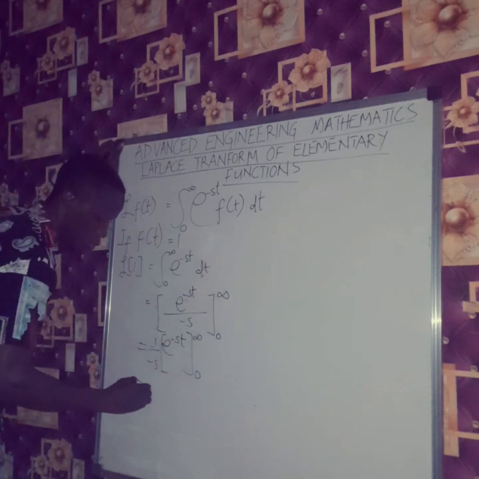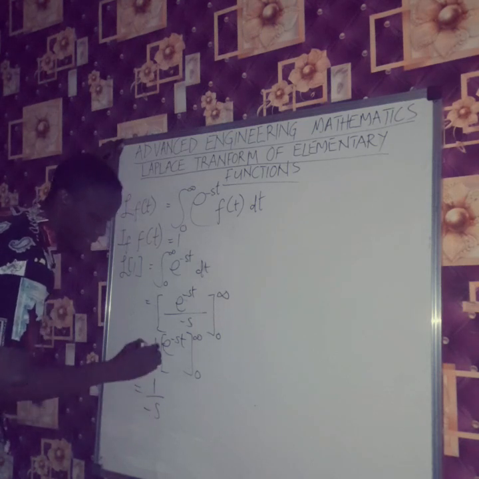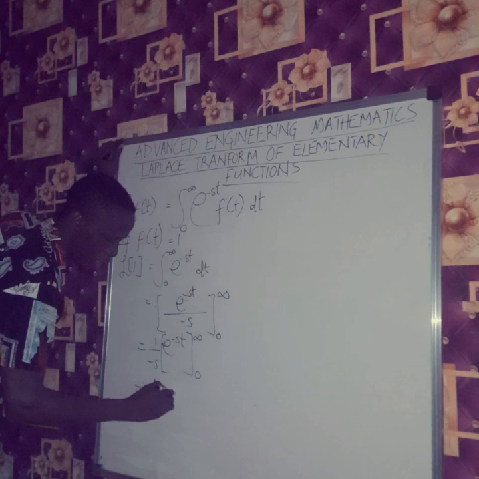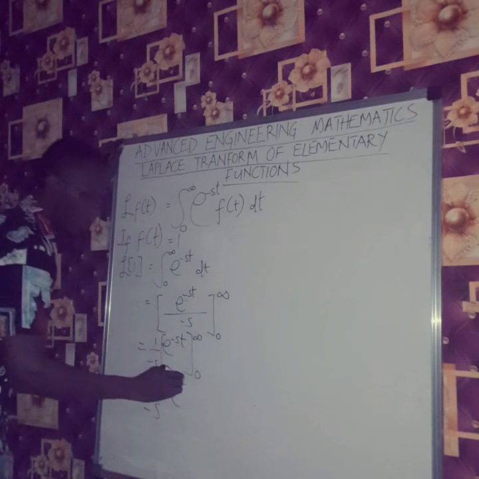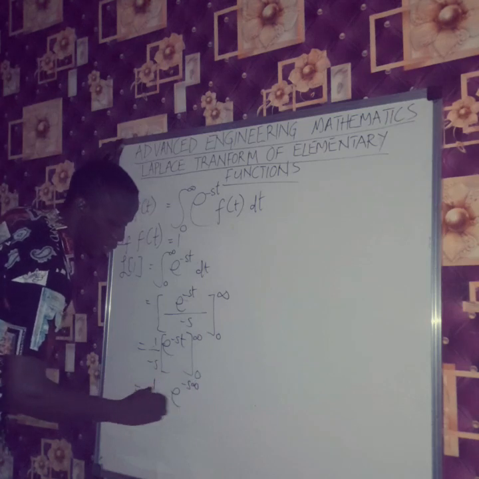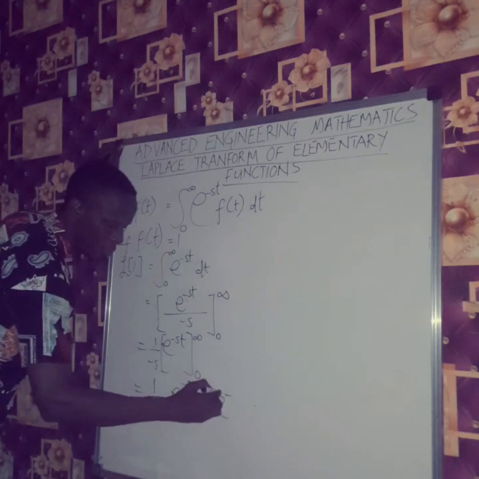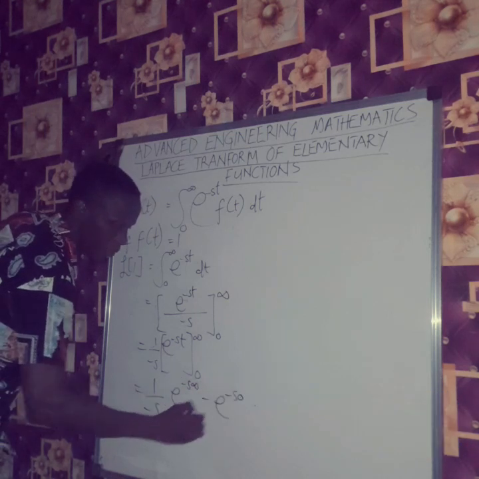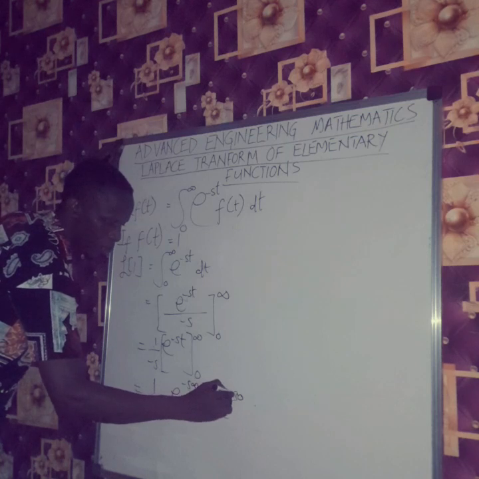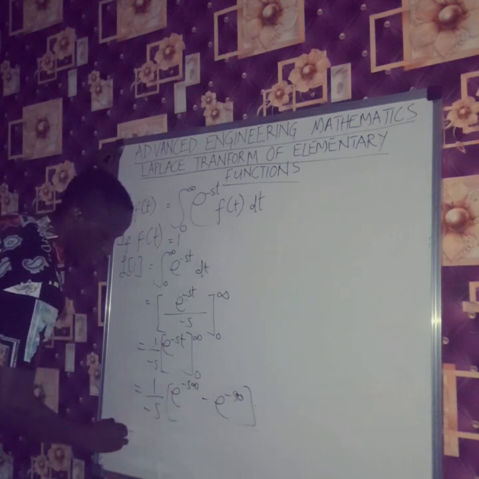We have 1 over minus s times e raised to the power minus s times infinity, minus e raised to the power minus s times 0.